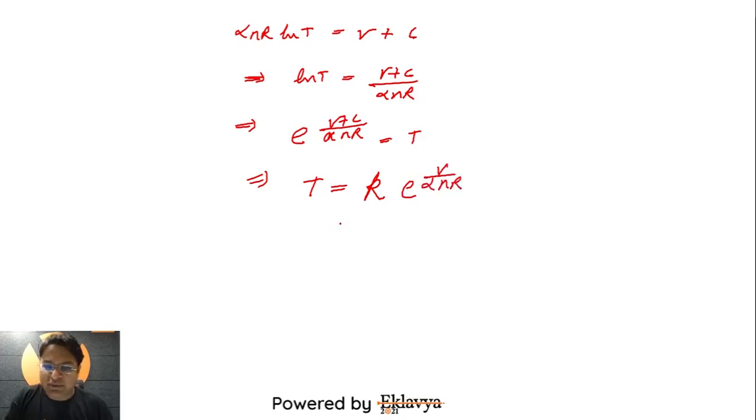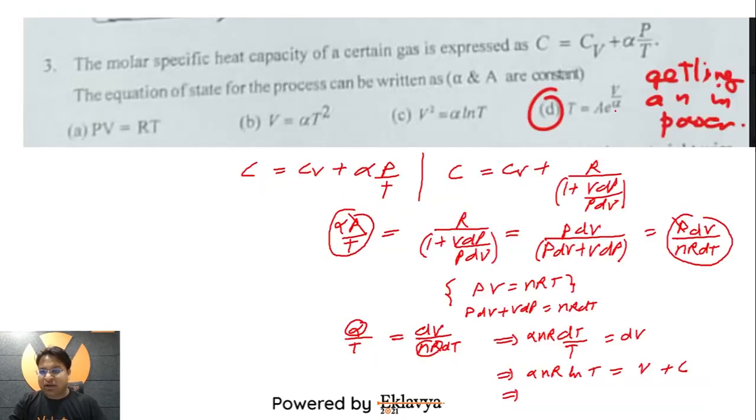We will check whether we have such an equation in one of the options. If it is there, then it is going to be the answer. So T is coming out to be proportional to e raised to power V by alpha. Let's go back, and option D looks to be the correct one. Here we are getting some constant into e raised to power V by alpha. So for this question, this would be the correct answer.